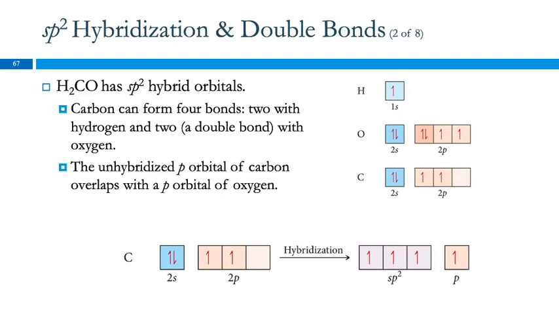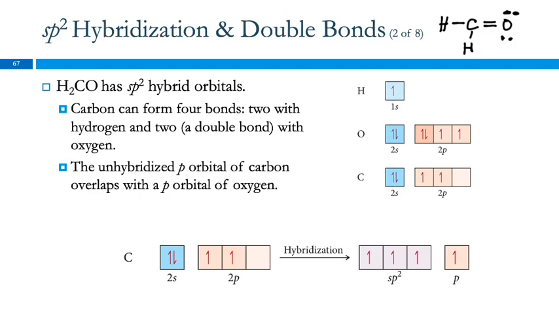So if we look at H2CO, which is a molecule we drew the Lewis structure of before, and we found that it looked like this. At this point, I'm just telling you this molecule has sp2 hybridization.